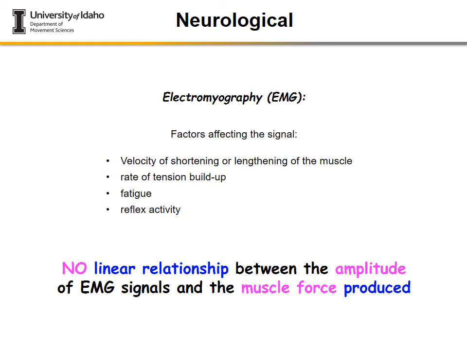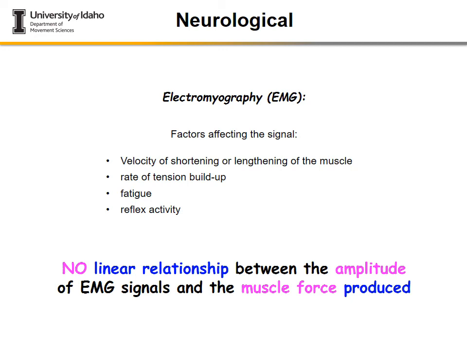The most important aspect for you to remember is, yes, although we can assume and we have seen that increased EMG activity shows us an increase in the force being produced by that skeletal muscle, it's important to understand that this is not a linear relationship. For every given increase in muscle force produced, we don't see that same increase, or a linear trend increase, in EMG activity.